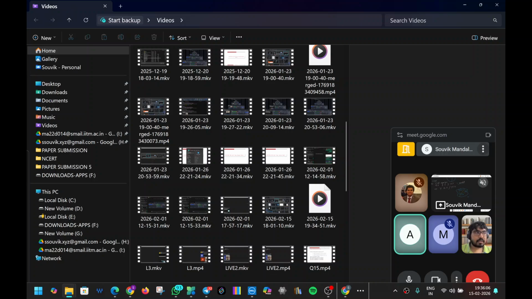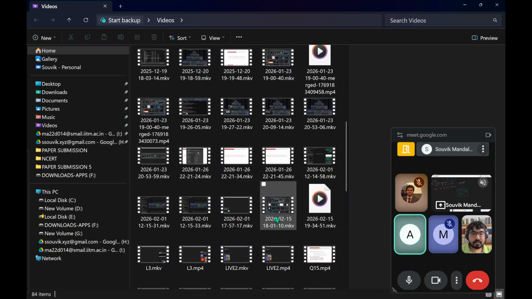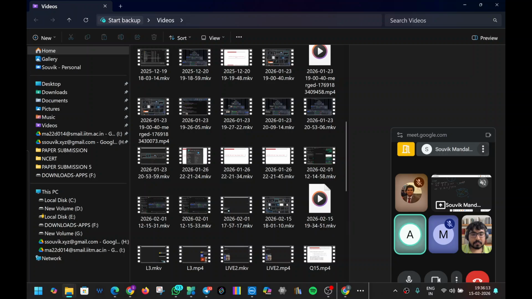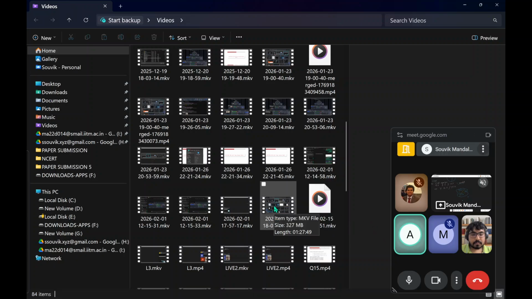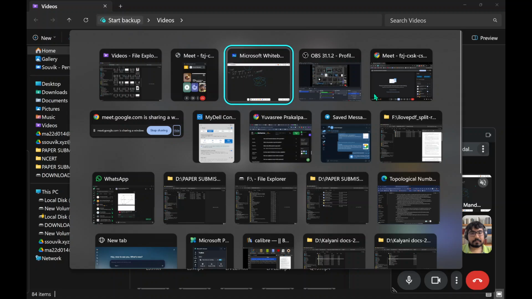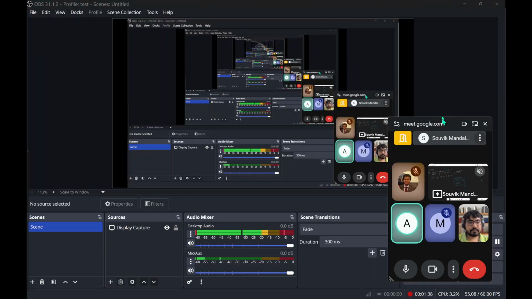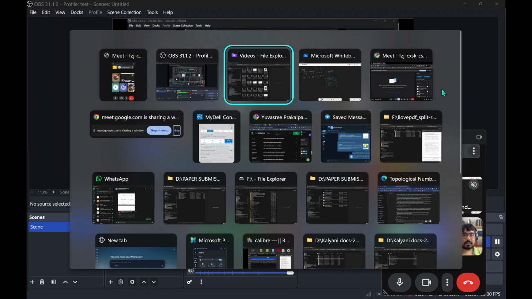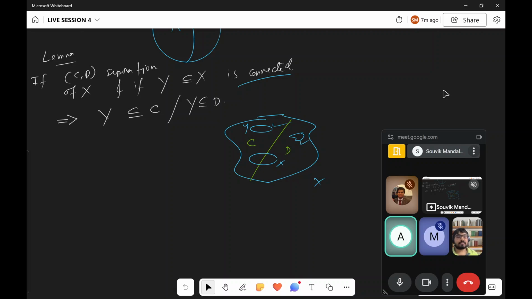So Y is a subset of C union D, so Y can be a subset of C, or Y can be a subset of D. So finally, I proved this. Am I correct, sir? Right. Correct.